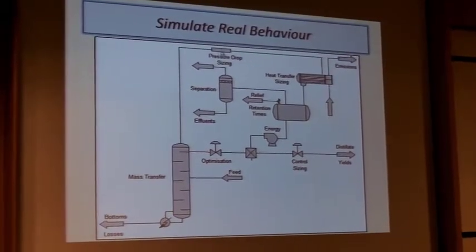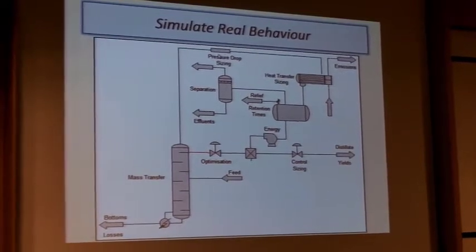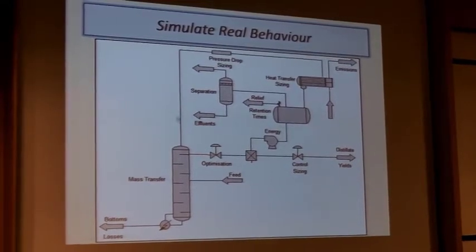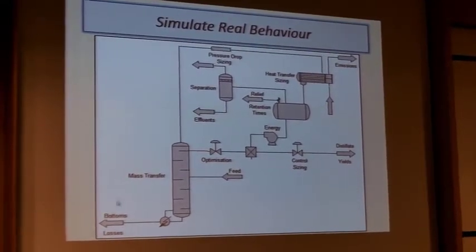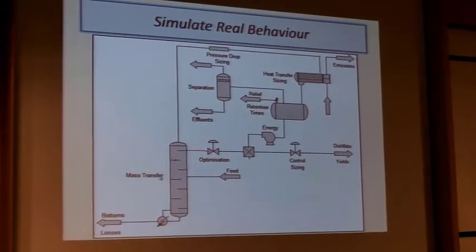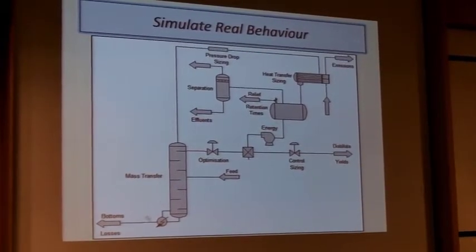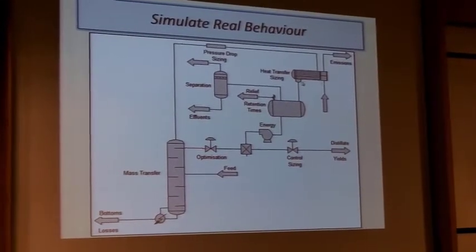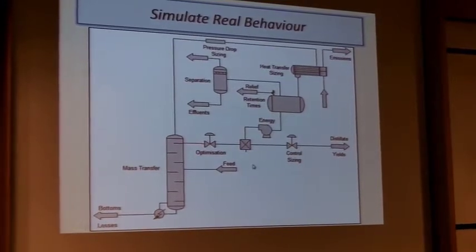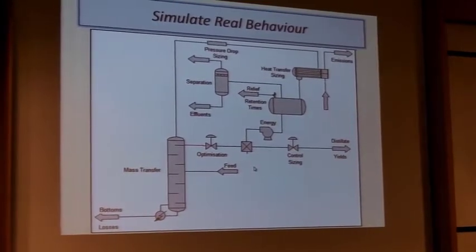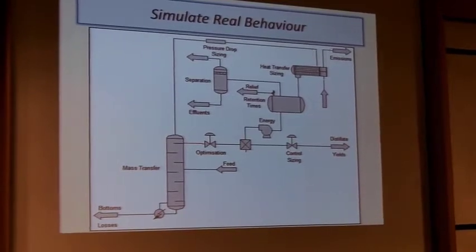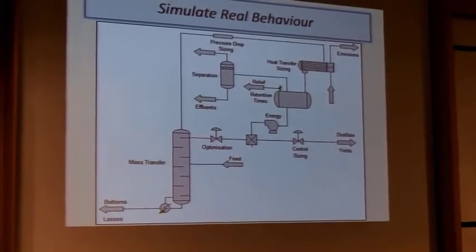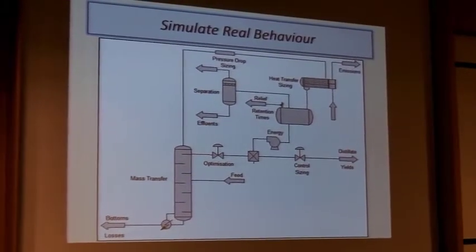You've got pipe sections, so you can actually simulate pipes and pressure drops, and heat exchangers, and these are all connected quite simply. So you come in with a feed, it gets processed, there'll be something coming out of this side here, bottoms and losses. You've got the top here, condensers, emissions to atmosphere. So it's a graphical presentation of the process. That literally takes half an hour to draw maximum, and then you have to configure it, of course.